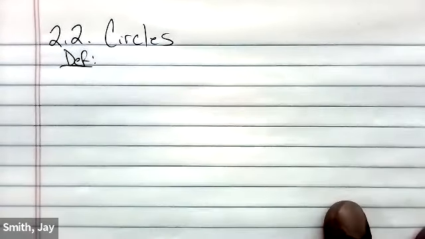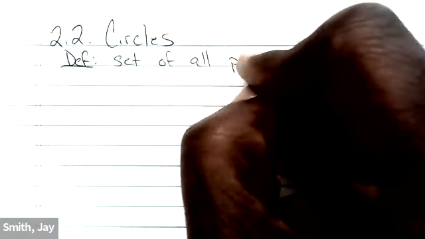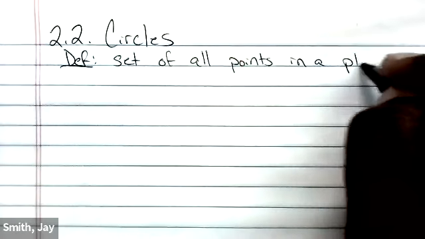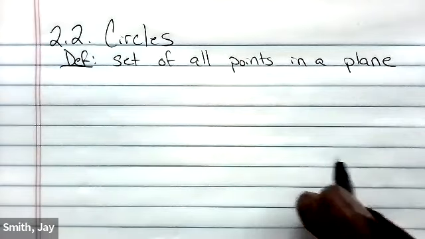By definition, a circle is a set of all points in a plane that are a given distance from a point.